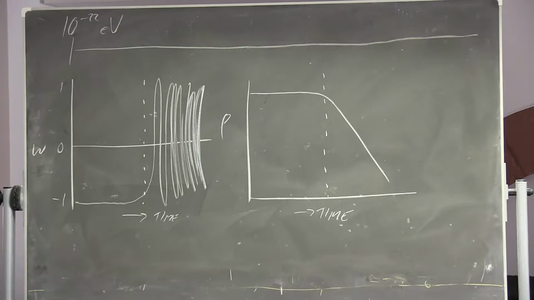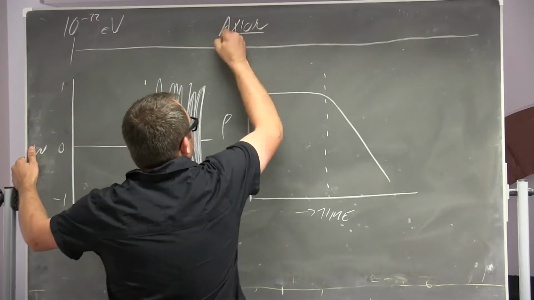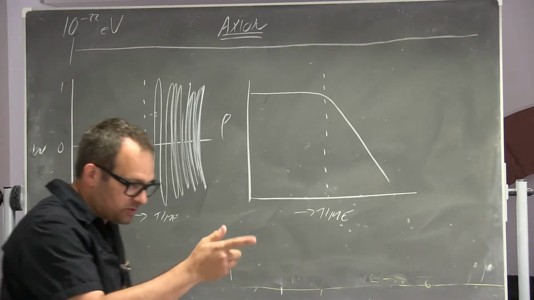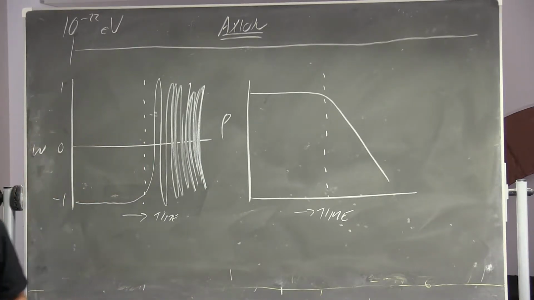The classic example of this, of course, is the axion. I had a wonderful set of notes ready to go for axion physics. Honestly, there have been great talks about axions already. You can go and look at Nathaniel's lectures from last year.